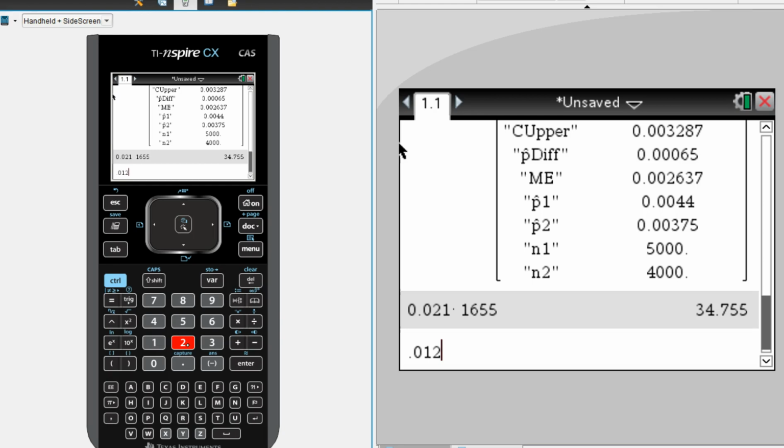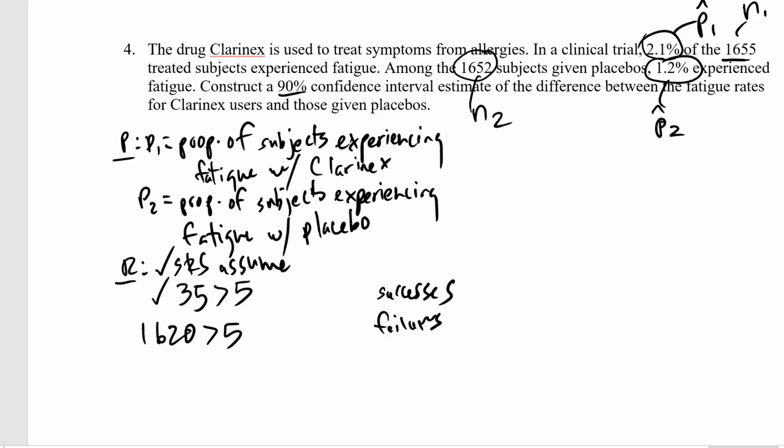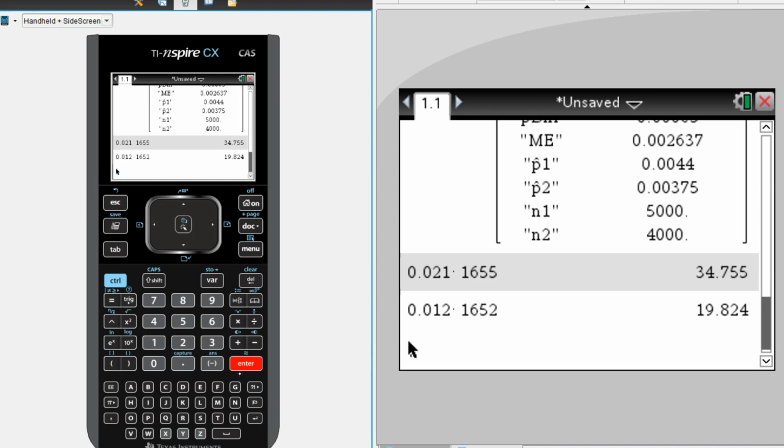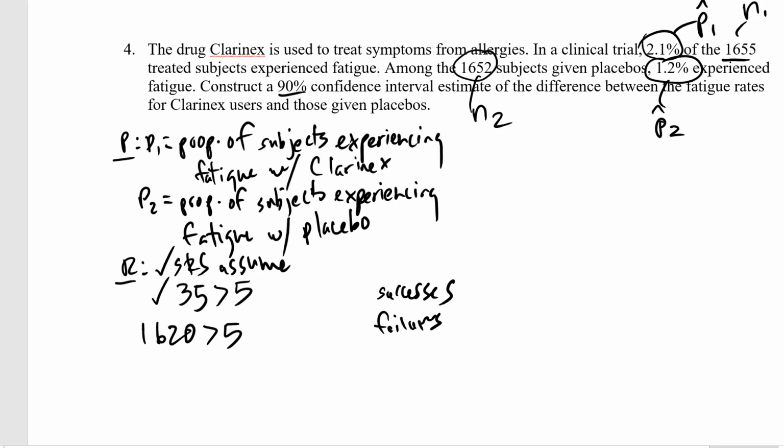Did I do that right? Yeah. So 1.2% of the 1652. I did not have 19.824 people. Probably closer to 20. So if 20 of them experienced fatigue, the other 1632 did not.